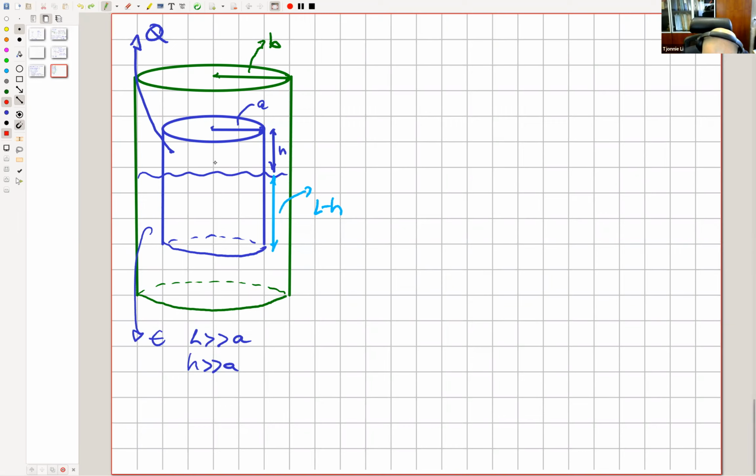So let's draw a coordinate system like this, and then some angle theta. It doesn't matter too much, but here we would have some theta, some r, some z. Okay, so we can swing theta around that way.